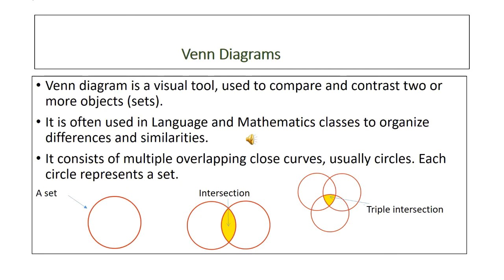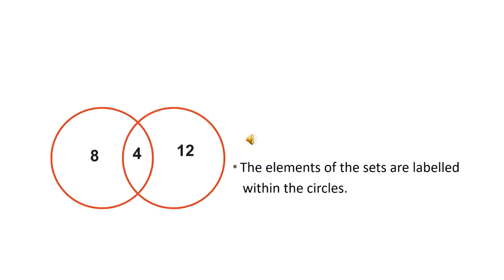The second picture shows the overlapped area. We call it intersection. The third picture has three sets and we call the overlapped area triple intersection. The elements of the sets are labeled within the circles.